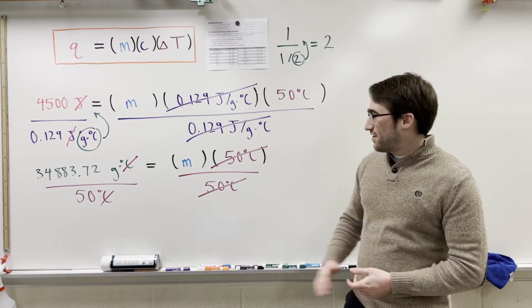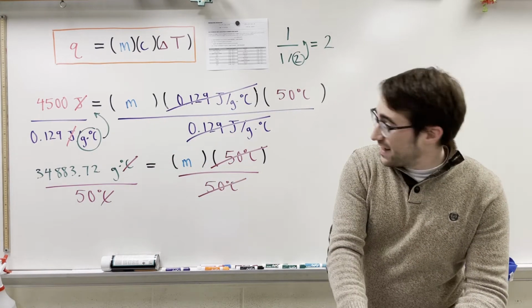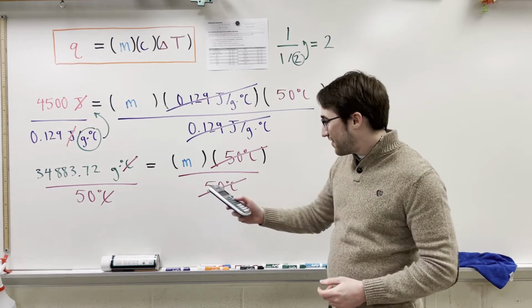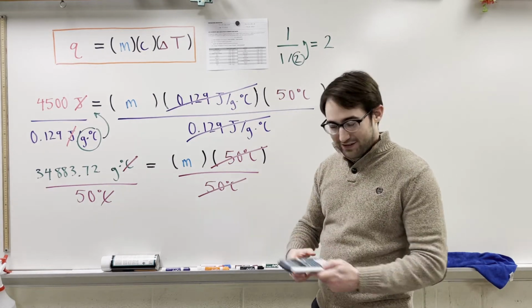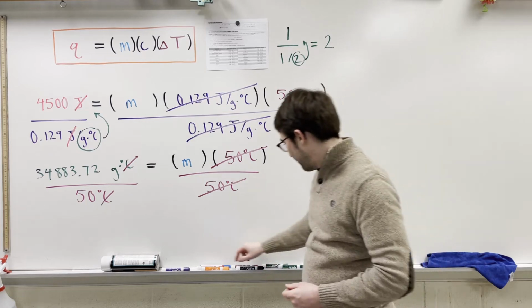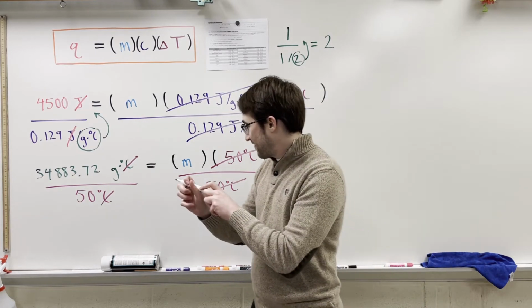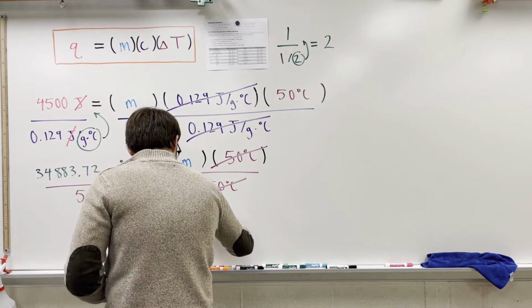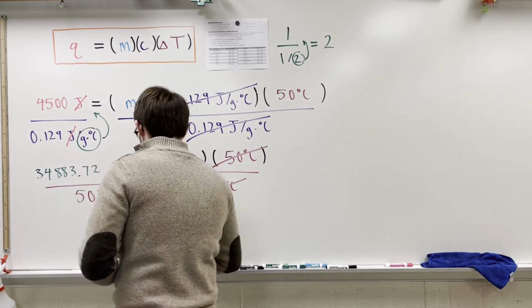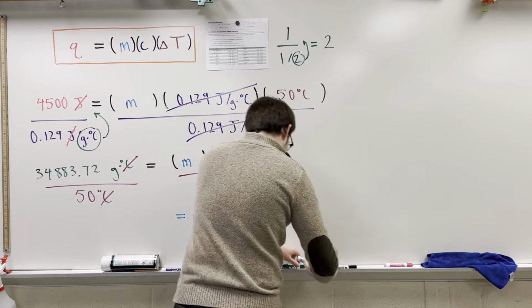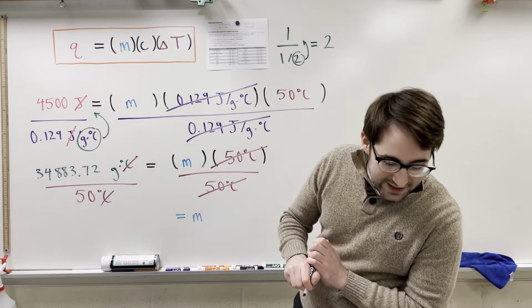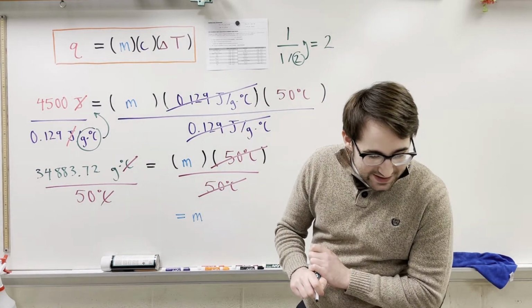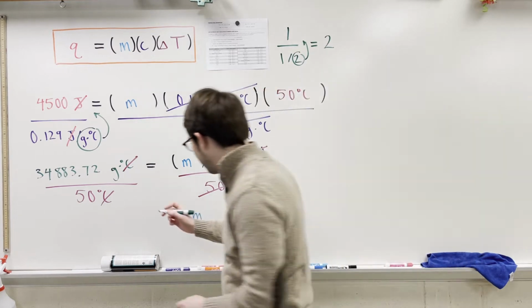All right, so if we take 34,883.72 divided by 50, we should get our answer. That comes out to be about 697.67-ish.